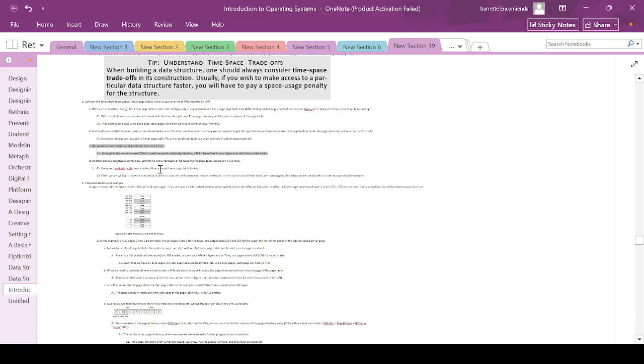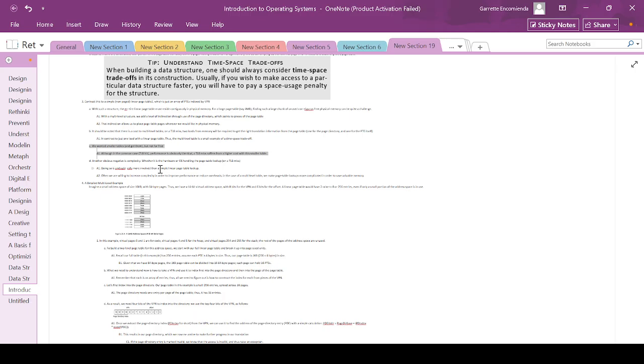Since implementing this page table allows us to solve that external and internal fragmentation, we got the space efficiency because we are able to use the page directory to disperse those memory allocations of the page table, allowing us to get a small page table for an allocated process, therefore saving memory.